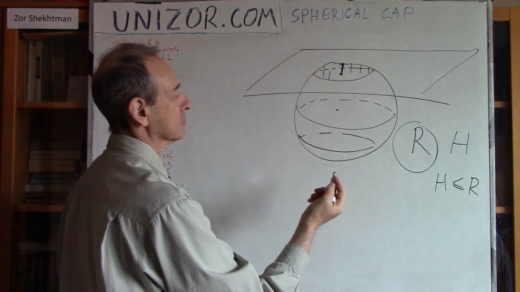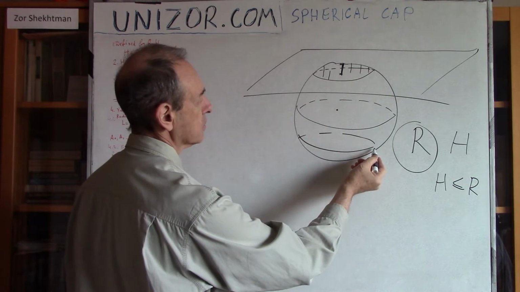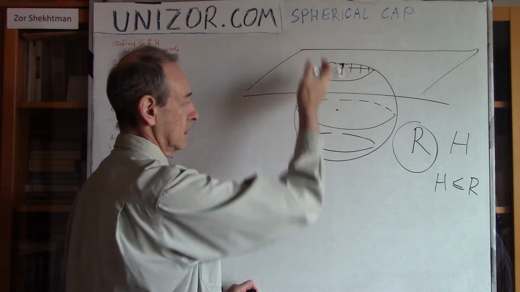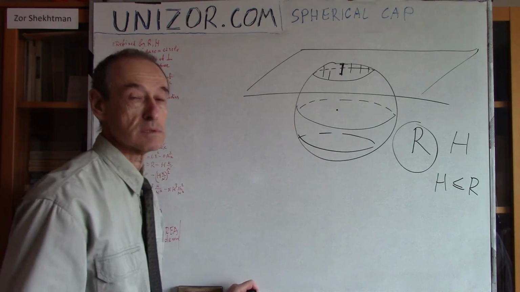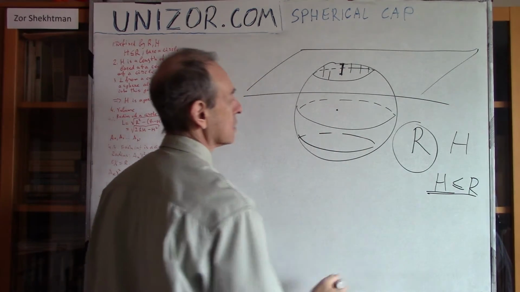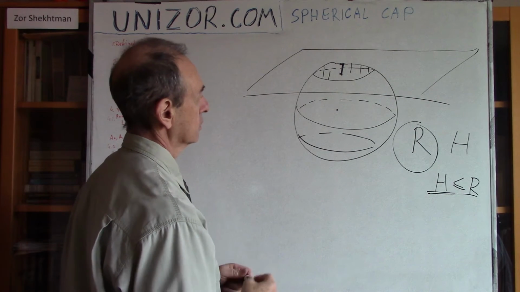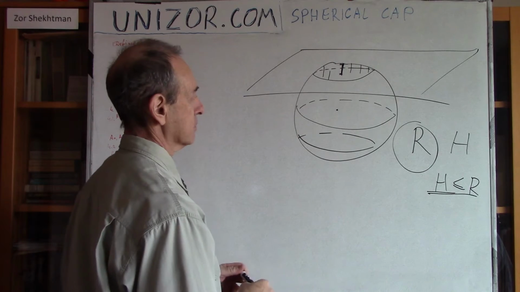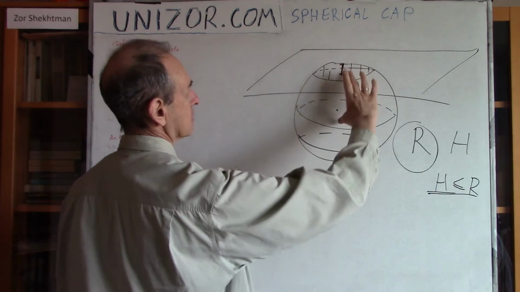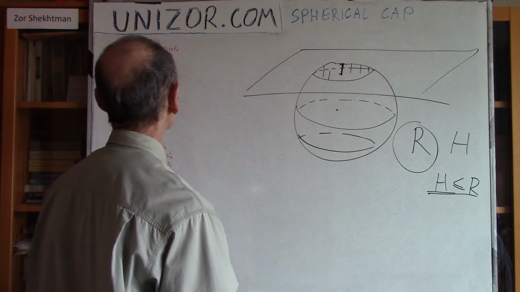We don't really want to consider it because it gives some kind of difficulties. It's always better to consider the smaller part whenever the plane cuts the sphere. The smaller part always has this characteristic, and that's what we will consider as a true spherical cap. So in a true spherical cap, we always consider the height to be smaller than the radius of the sphere.